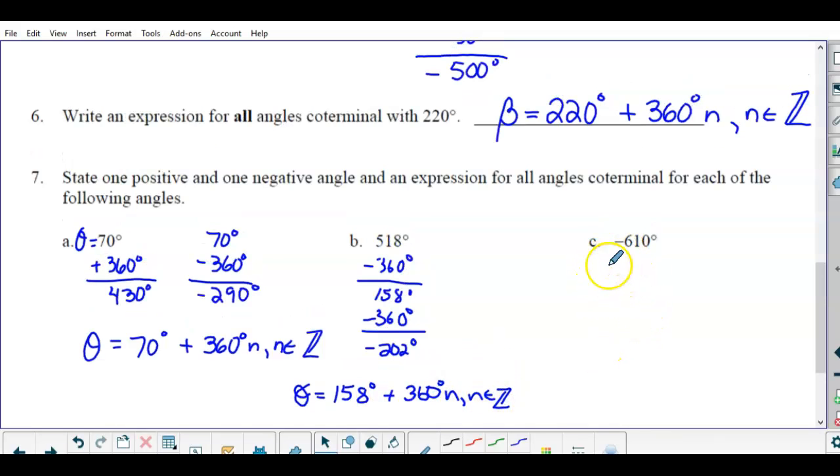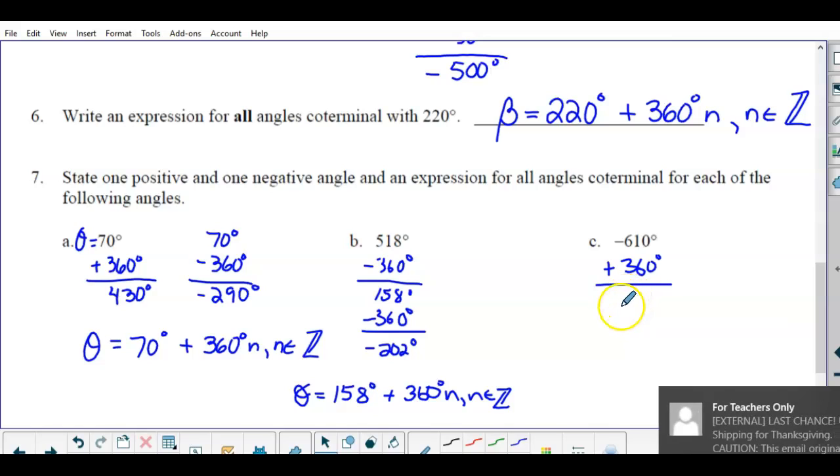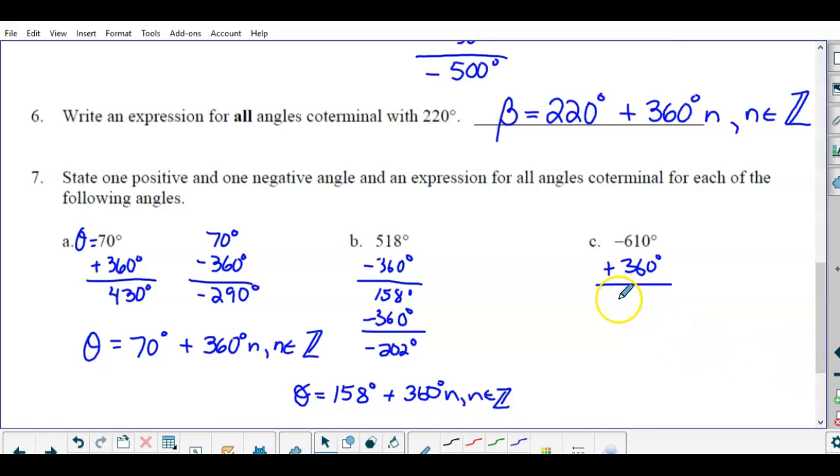Okay, this is already negative, so let's add 360. So that's what, 410 to 50. So still negative, so we've got one negative, and then I'll add another 360.